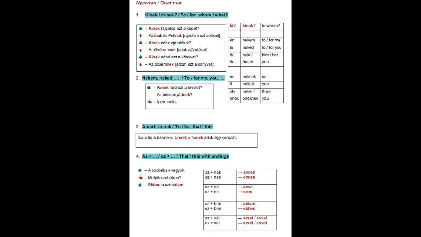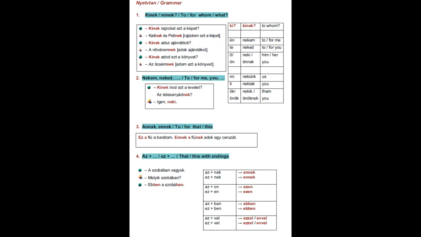Very good. Okay, so let's just take a look real quick at this box. It's a good review. "Az," which is that, right? That over there. "Az." And then "nak," the ending of "nak" or "nek." You put those together and the z actually dropped out. That's why it became "annak." Okay? So it is related to "az." It's "aznak," but we say "annak."